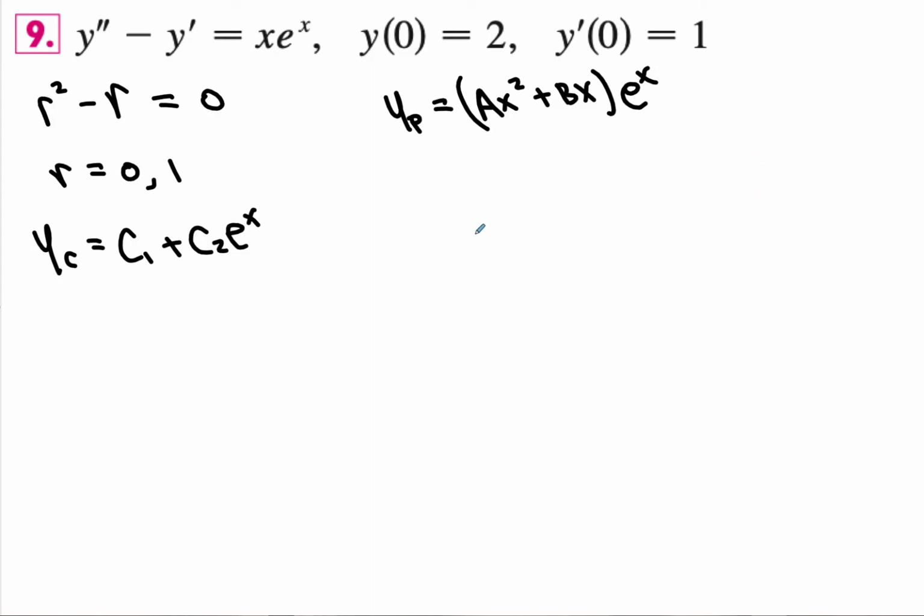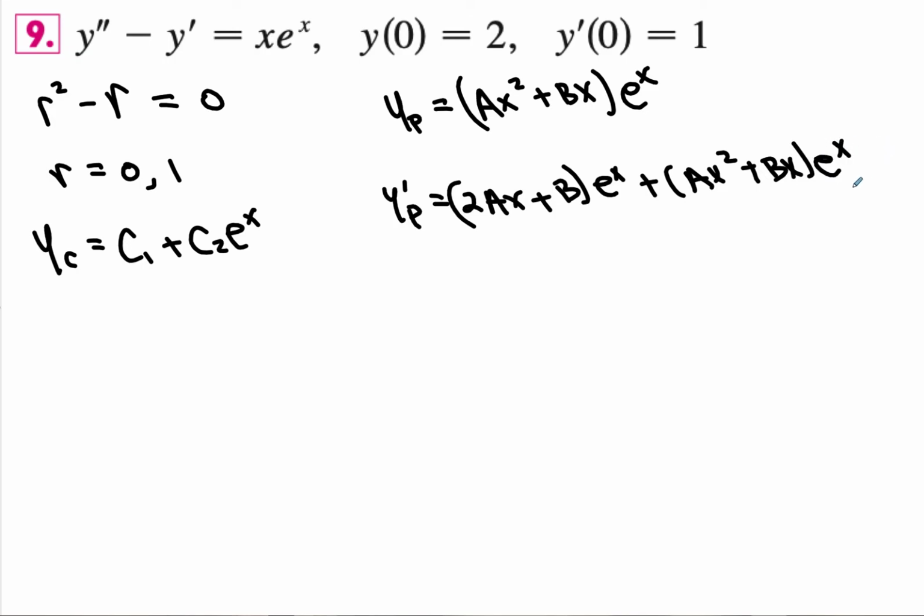Now, what do we end up getting for y prime? It would have been 2ax plus b times e to the x plus ax squared plus bx e to the x.